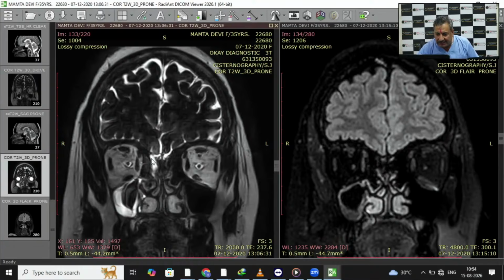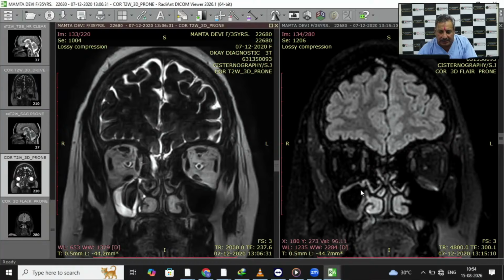So if there is CSF, it will not appear bright on 3D FLAIR. Had this been sinusitis, it would appear bright on 3D FLAIR. On 3D DRIVE, the sinusitis, the fluid, the CSF, everything will appear bright. The 3D DRIVE cannot differentiate between any fluid, whether it is CSF or sinusitis. But 3D FLAIR can easily differentiate.